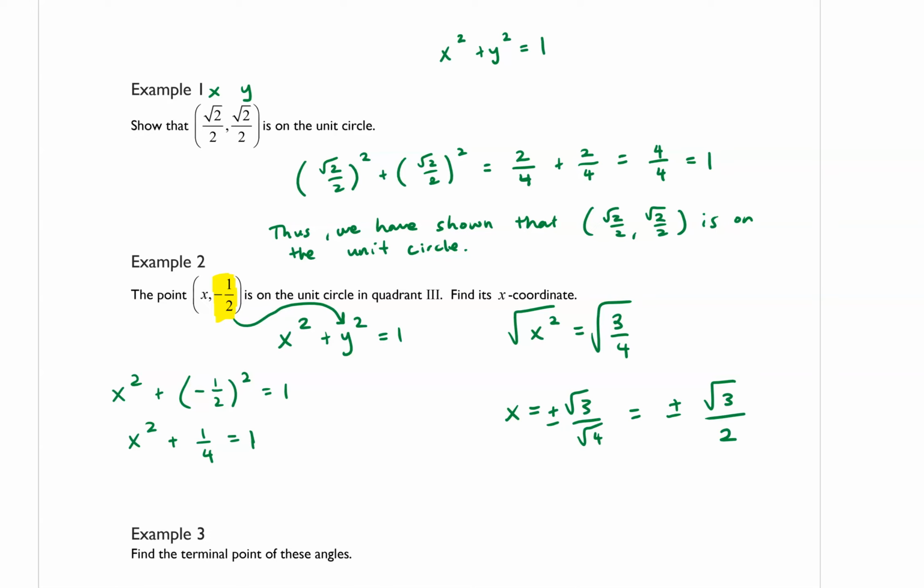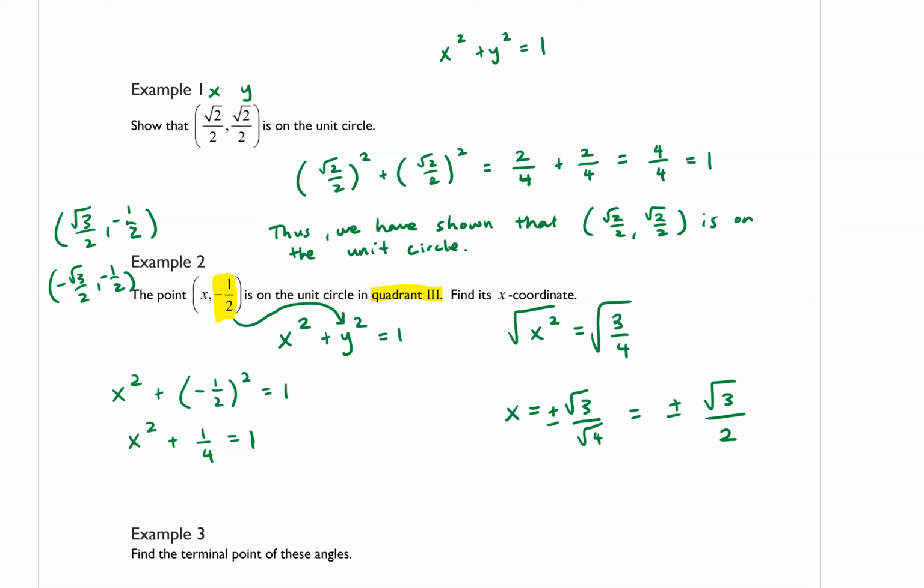Now, we end up getting two values for x, and so we know that there are going to be 2 points on the unit circle that have a y value of negative 1/2, and those 2 points are going to be the square root of 3 over 2 comma negative 1/2 and the negative square root of 3 over 2 comma negative 1/2. However, only one of these points is in the third quadrant.